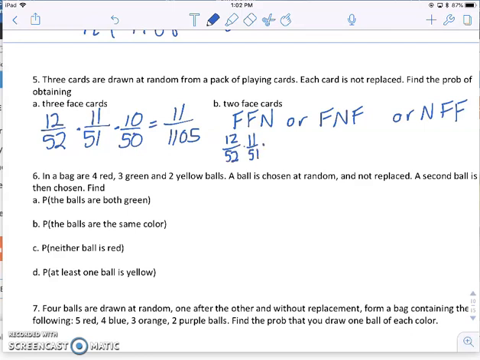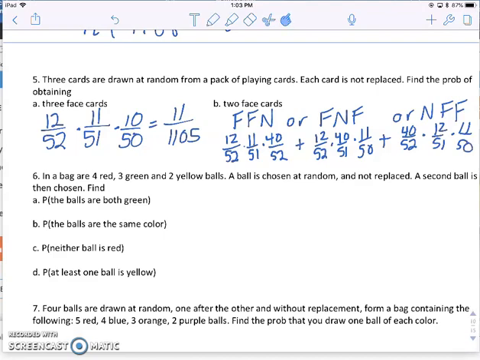Well, how many cards are not face cards? So there's 40 left. Plus a face card, 12 out of 52, 40 out of 51, 11 out of 50. Plus no face, so 40 out of 52, 12 out of 51, 11 out of 50. And then you could add those together.